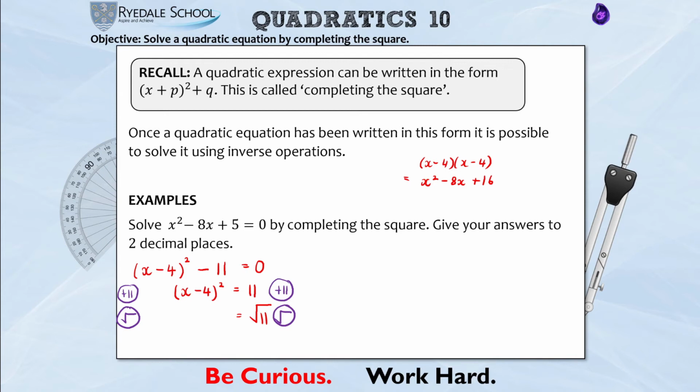That's the one we normally use, but there's also a negative answer. So super important today that when you do that square root stage, you put a plus or minus the square root of your number. On this side, I can just now get rid of the bracket, and I'm left with x − 4. And if I want to get the x by itself, I'm now doing the inverse of take away 4, which is add 4 to both sides.